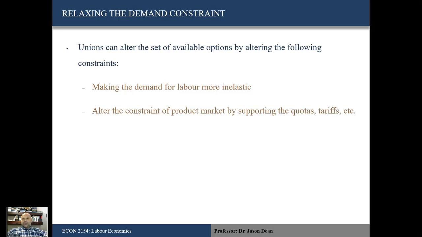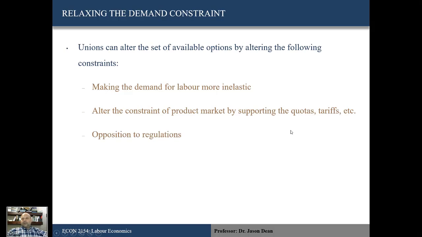And so one thing they could do is try to support or lobby for quotas or tariffs, because these will protect the domestic market from competition and make the demand more inelastic. If there's more competition, more firms selling a similar product, there's more substitutes, then the demand for the product will be more elastic, and so will the demand for labor.